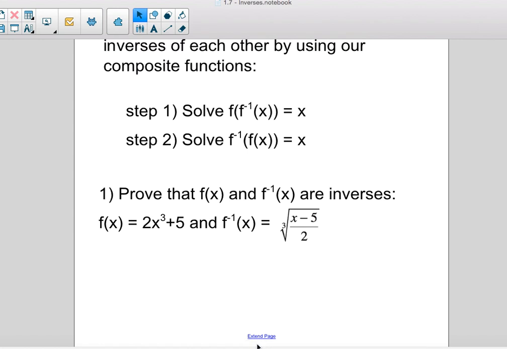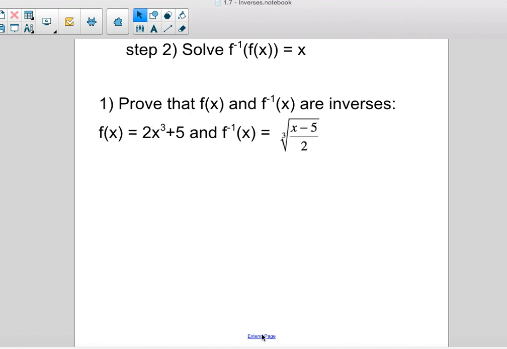So if I did this one down here, right, prove that these two things are inverses. So here's the original, here's the inverse. So if I wanted to prove that they are inverses, I'm going to take f of f inverse of x and make sure that it equals just x. So I'm going to take the inverse and plug it into the original. So I'm going to take this and plug it into the x there in the original.